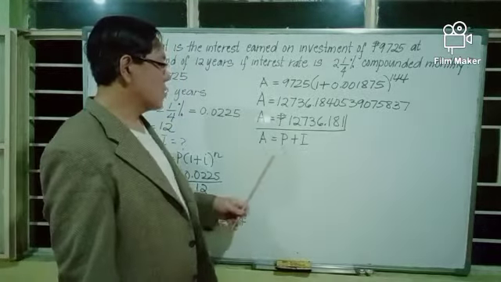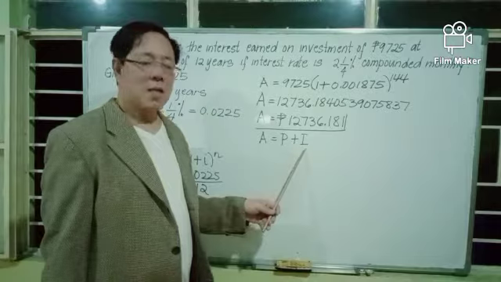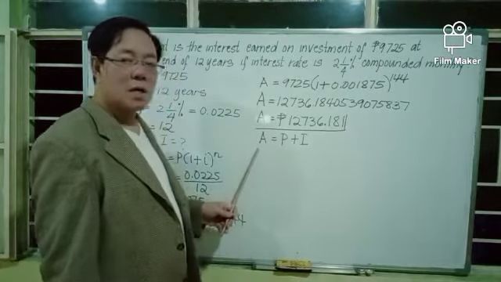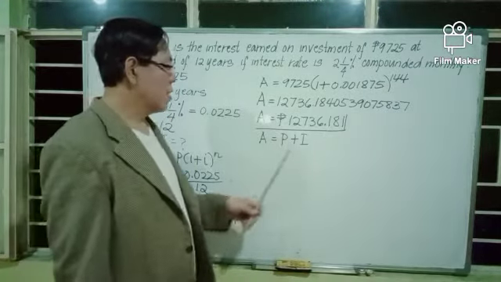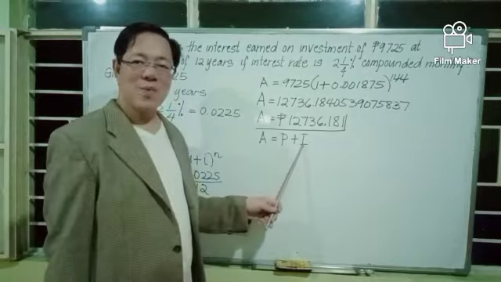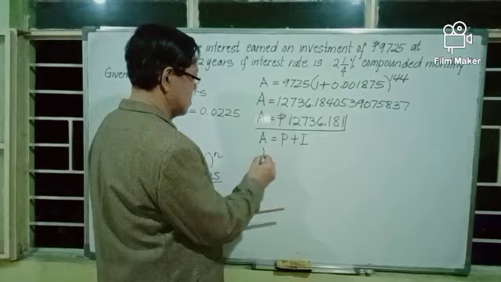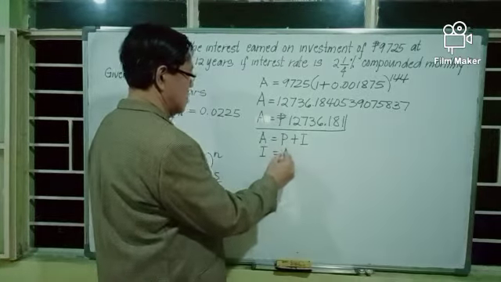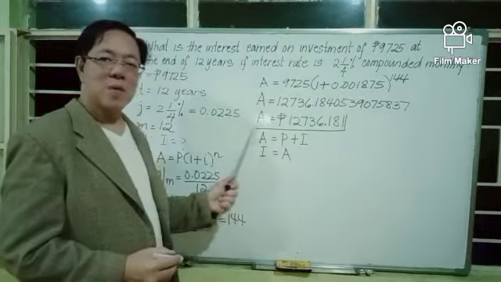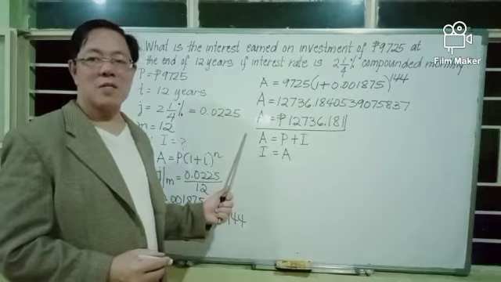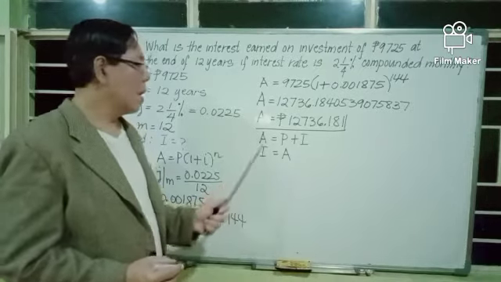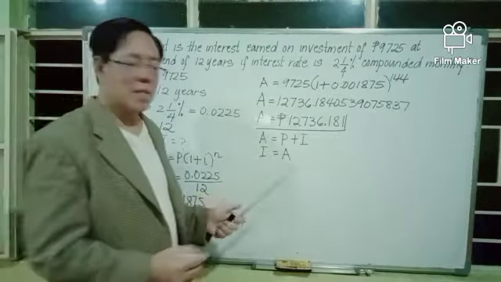And from this equation, we solve for I by transposing P to the other side. We take the opposite sign of P. From positive, it becomes negative.